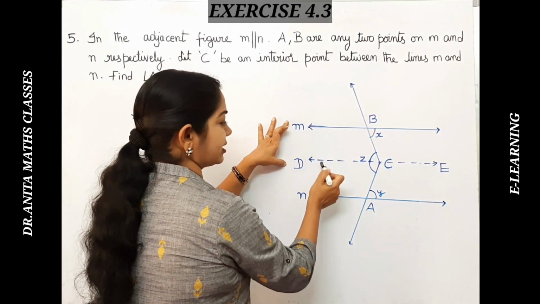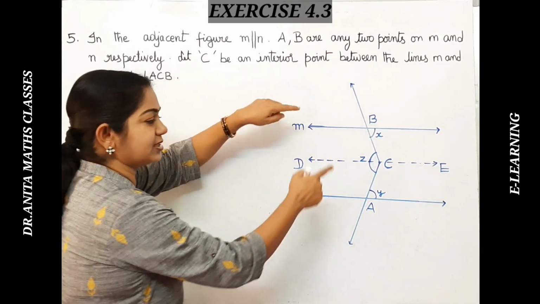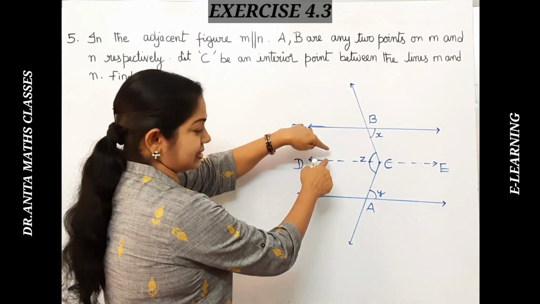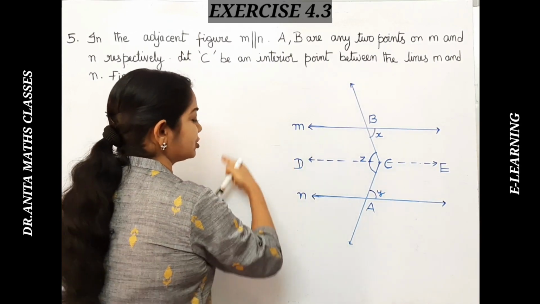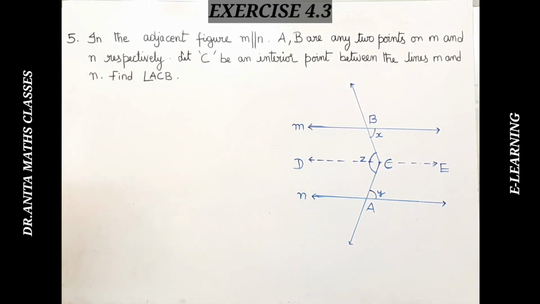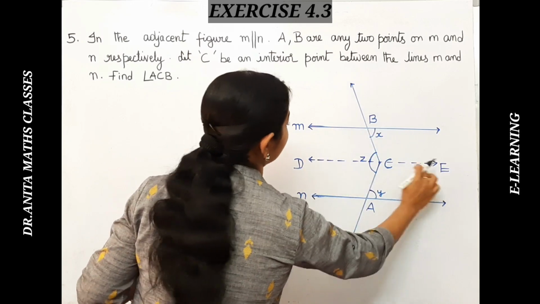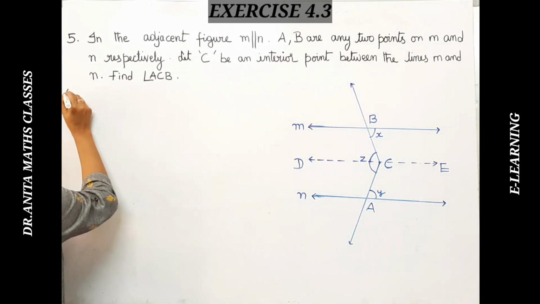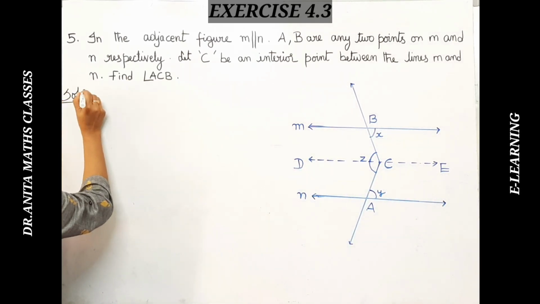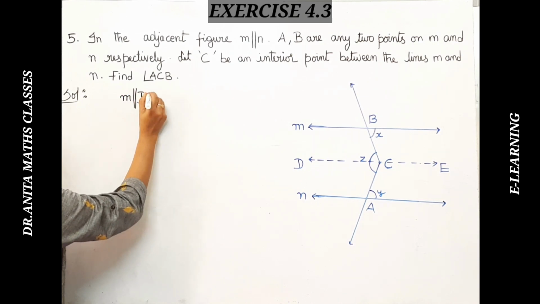Okay, these 2 lines are parallel, these 2 lines are parallel. That means these 2 lines M and N are parallel to the same line. That means M and N are parallel to each other. That is the axiom. And according to that axiom, M is parallel to the line DE.